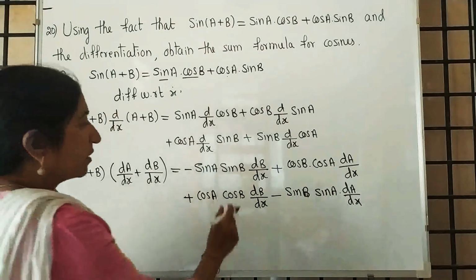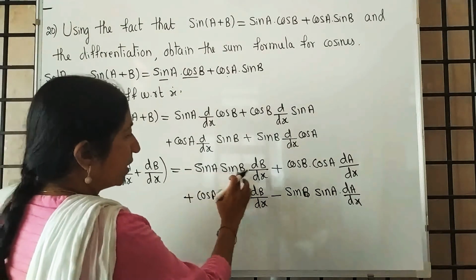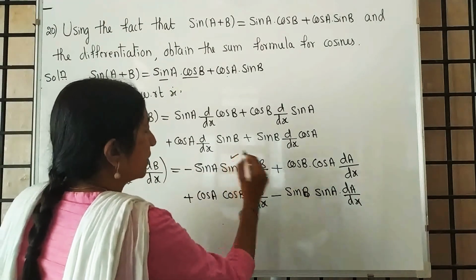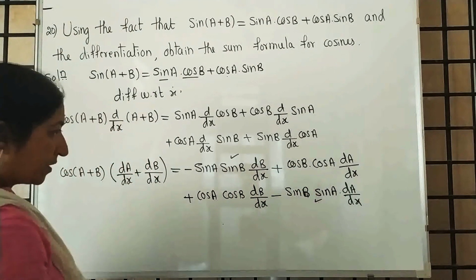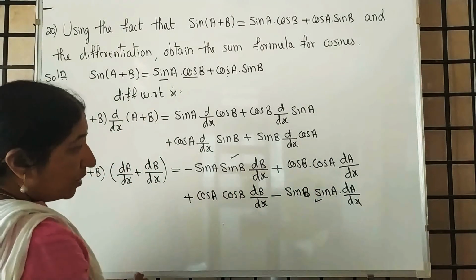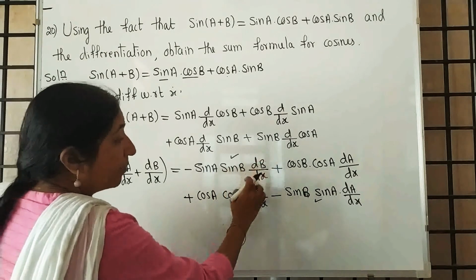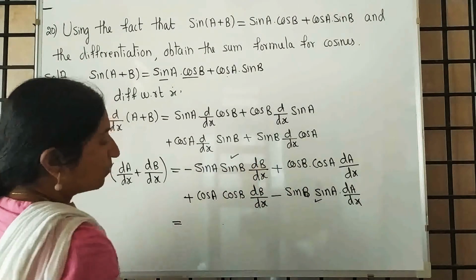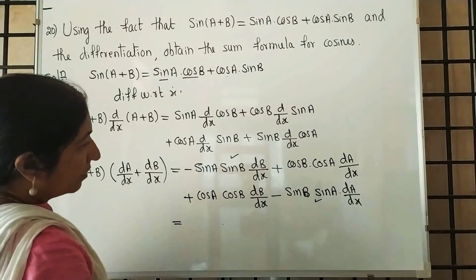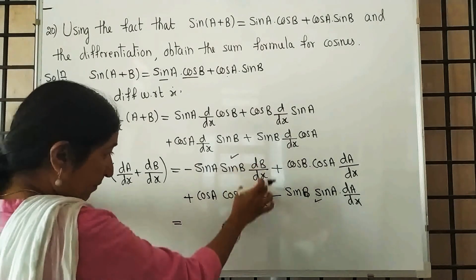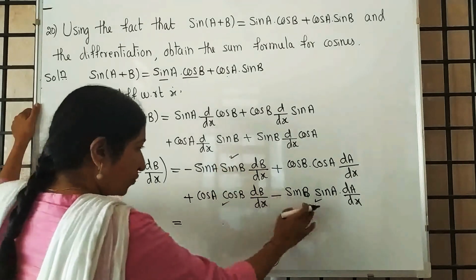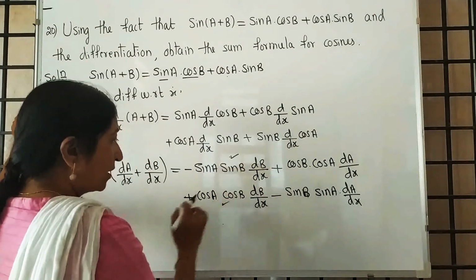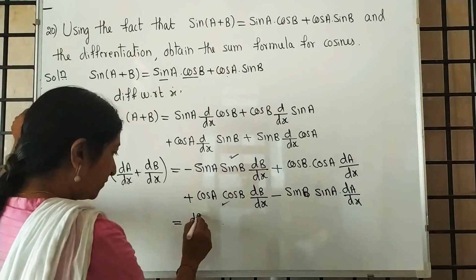See here minus sin A into sin B, this is minus sin A into sin B, I underline. Take minus sin A into sin B common, you are getting dB upon dx. And here cos A into cos B common, dA upon dx. So here dB upon dx from below, these two, sorry, dB upon dx common.